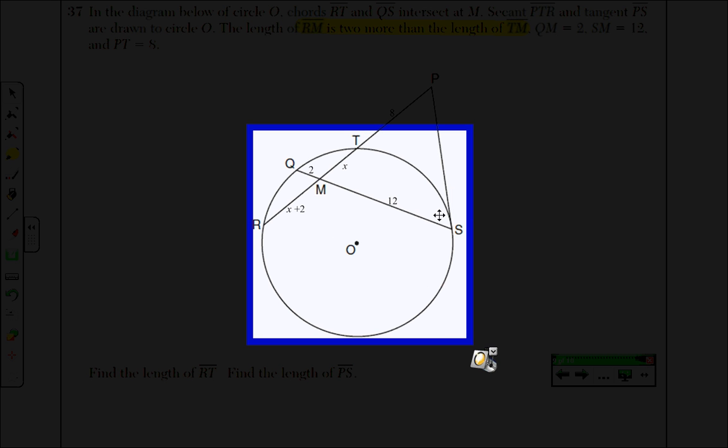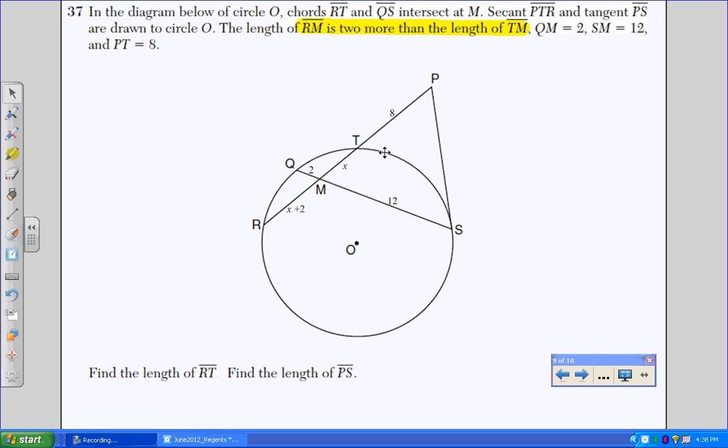Okay, that makes it so much easier because I know that there is a formula that can get me the value of X over here. And once I know what X is, then I can figure out what RT is by adding both of these segments. Well, what's that formula?